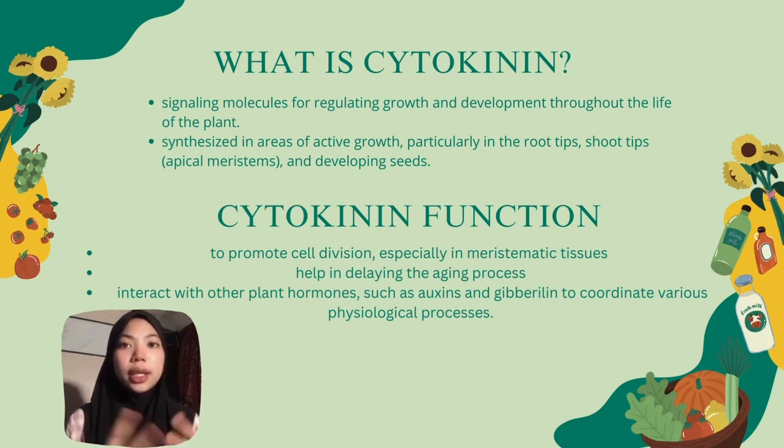Second, cytokinin helps in delaying the aging process by promoting cell division and maintaining the overall health of cells. Cytokinins contribute to the longevity of leaves and other plant organs. For the third one, cytokinin interacts with other plant hormones such as auxins and gibberellins to coordinate various physiological processes.